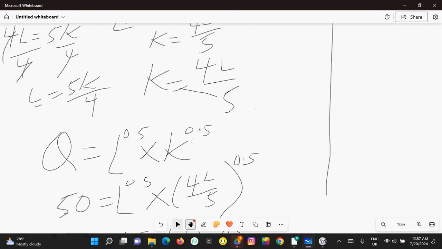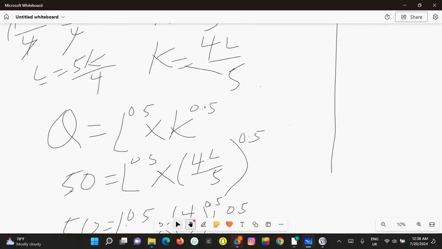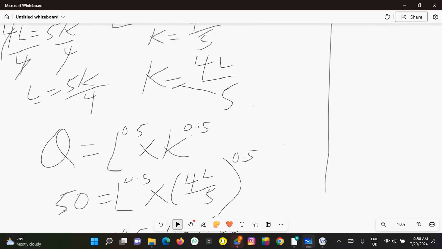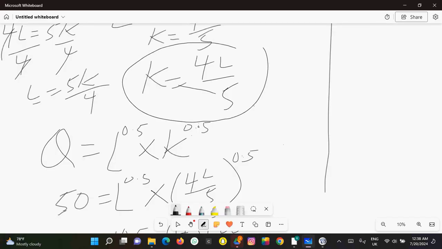that's it. So now since we found L, right, you can use this equation. What we solved for K is equal to 4L over 5.